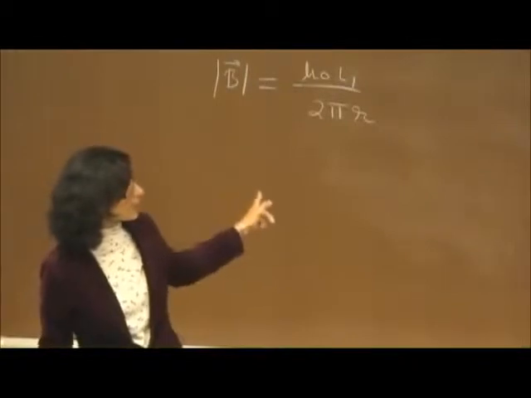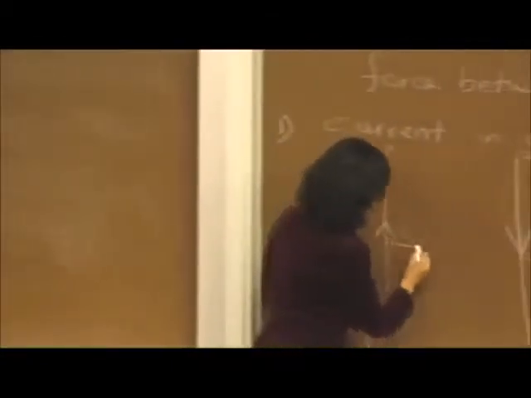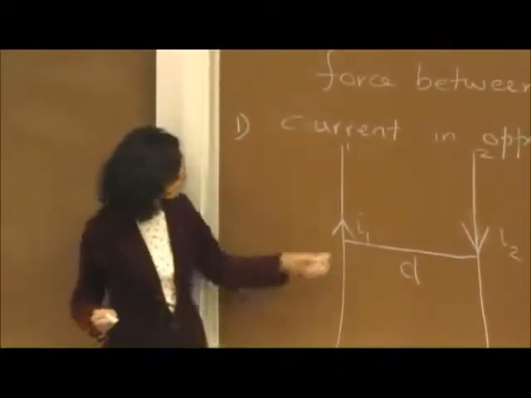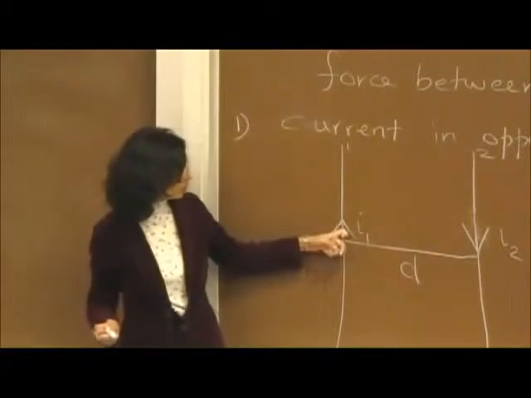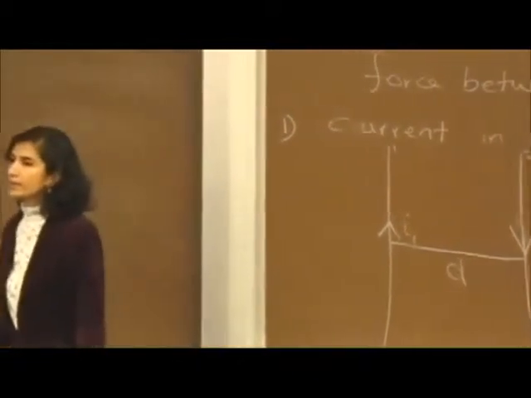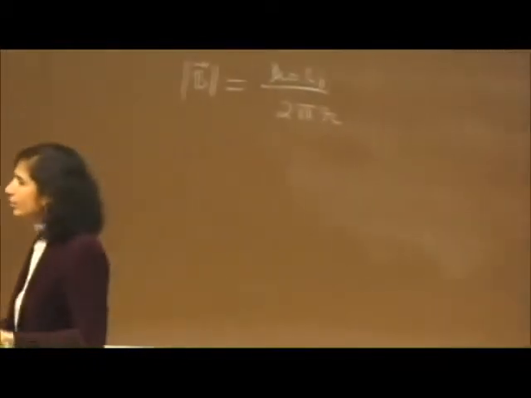But the point is, suppose this distance was d, and suppose I ask you what is the magnitude of magnetic field produced by wire 1 at the location of wire 2, what would you tell me? The question is, why are these wires attracting or repelling each other when there is a current passing through them?